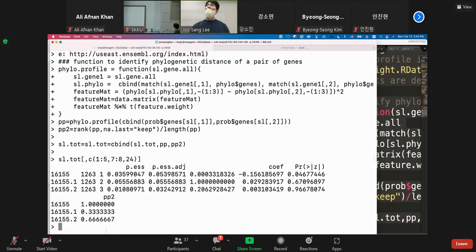So this is the result from our last screening. This PP2 means the phylogenetic profile, their closeness in the phylogenetic profile. So the smaller the value, the closer they are to each other. The larger the value, the farther away from each other they are.